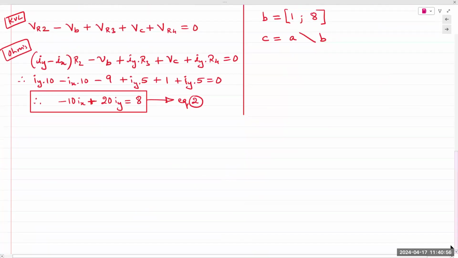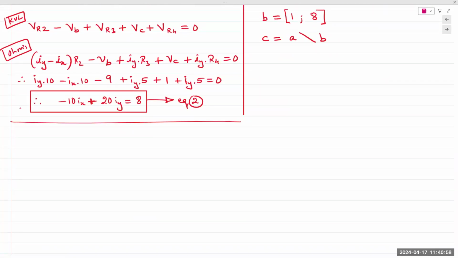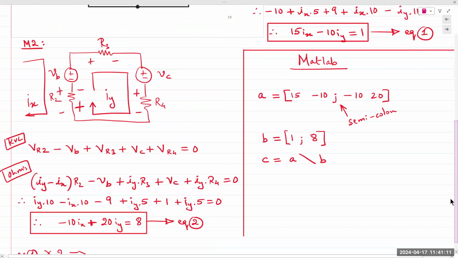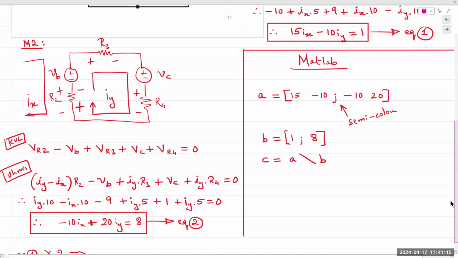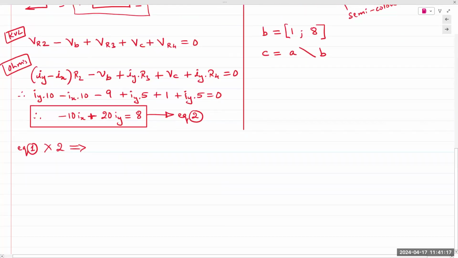Anyway, solving this manually, let's take equation 1. Equation 1 times 2 gives me, equation 1 is 15 times IX, 10 times IY, so it gives me 30 minus 20 and 2. So 30 times IX minus 20 times IY is equal to 2.